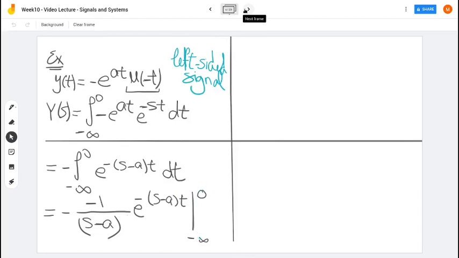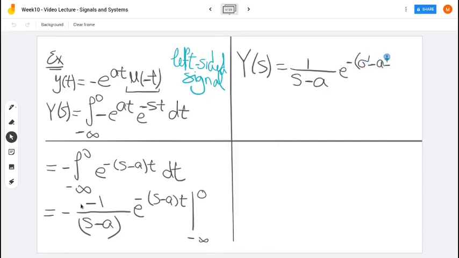And in this case, again, we'll be replacing s by sigma plus j omega. So y of s will be, of course, this negative sign will cancel out with this negative sign, so we will get 1 over s minus a, and then we will have e to the minus sigma minus a plus j omega t, and now we need to substitute for t at minus infinity and 0.